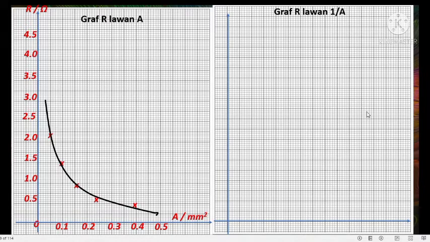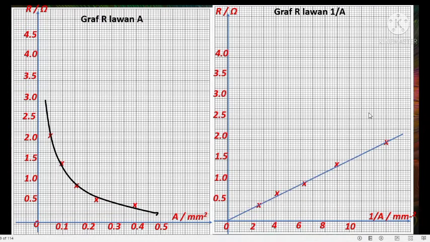For the second graph, R against 1 over A. Transfer all the points. Okay, draw a best fitted line. So we get this graph directly proportional to origin. Okay. Based on the graph that we get, what can you say about the relationship between R and A?